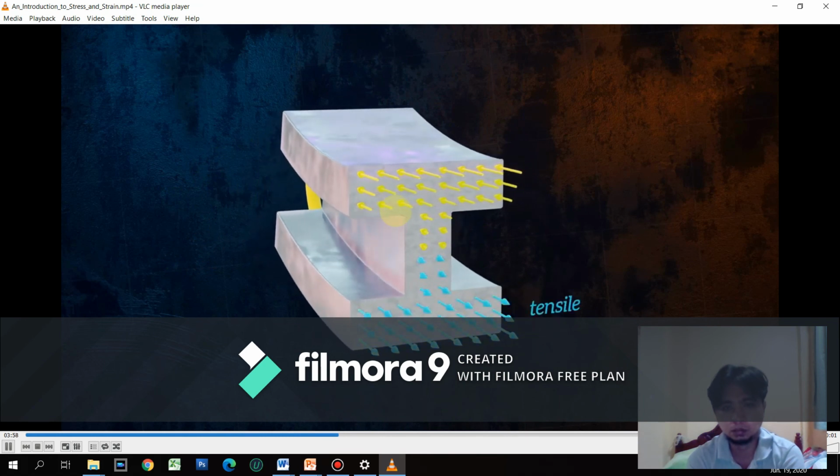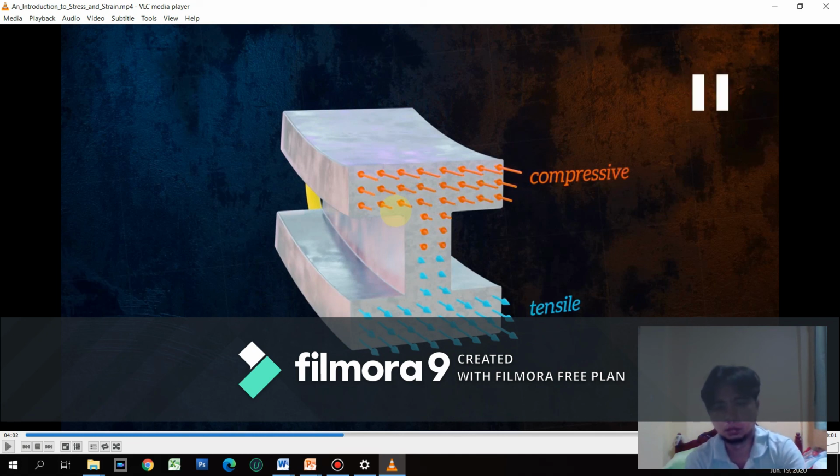Stresses will be tensile on one side of the cross-section, but compressive on the other. So why is it that the top portion is compressive? As we can see here, the top portion was compressed actually. And beyond this line, at the bottom, it is stretched, or the I-beam was lengthened.